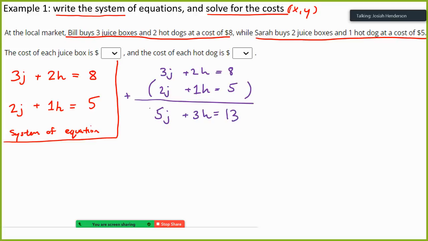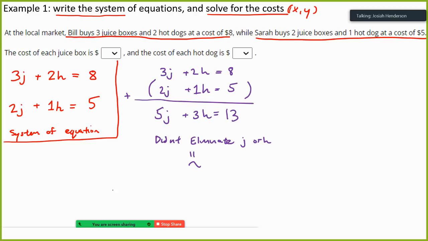So we just made this new equation. This is a legitimate equation we just found. The problem is we didn't eliminate J or H. Sad face. So we have to do a little bit of manipulation to one of our equations to make the J's or the H's match. We want to make them each have 2H or each have 3J or 6J or something.